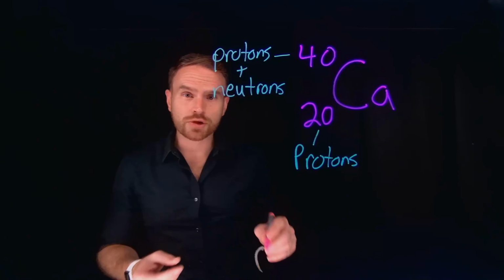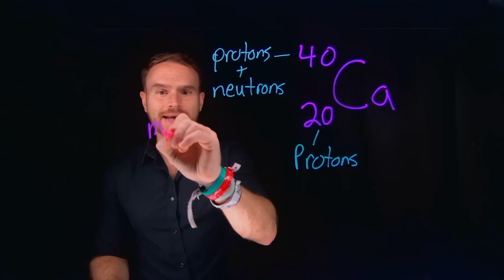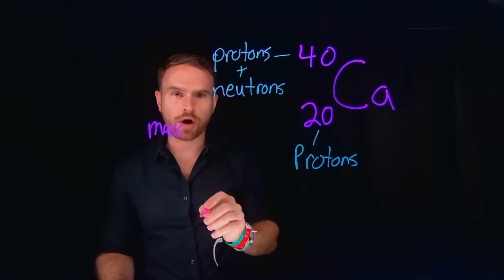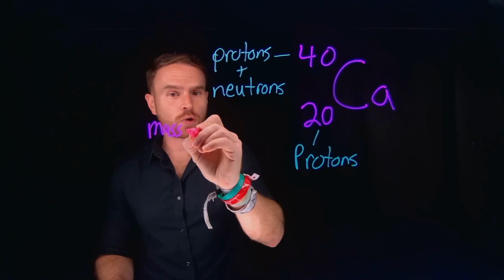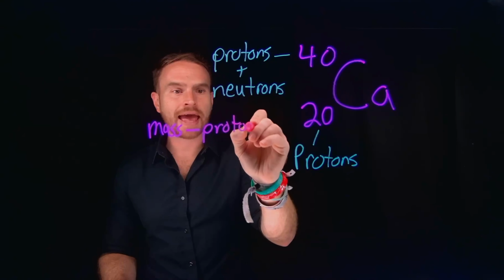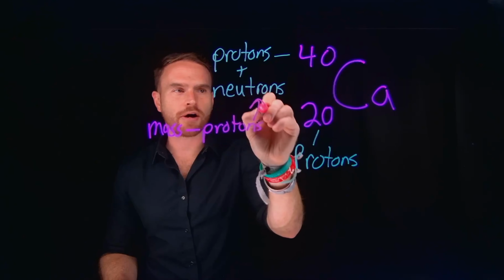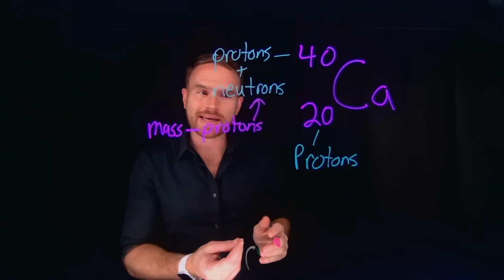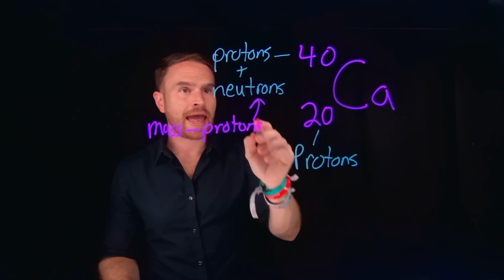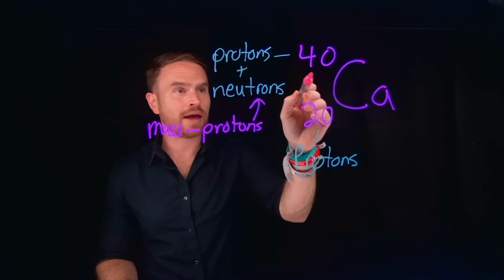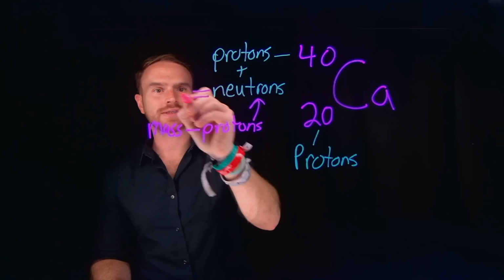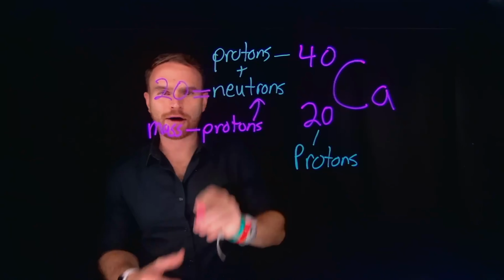And this is so useful because if mass is equal to the protons plus the neutrons, then the total mass minus the number of protons must tell us how many neutrons there are for this element. So we've already indicated that calcium has 20 protons, and since its atomic mass is 40, 40 minus 20 is 20, which means that the number of neutrons is equal to 20 for calcium, at least for this specific isotope.